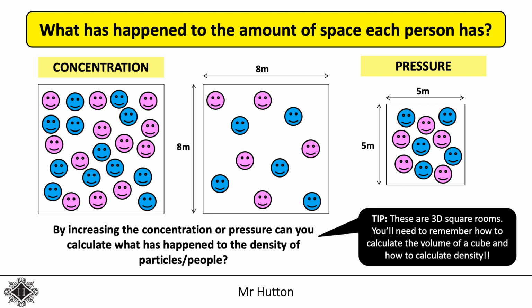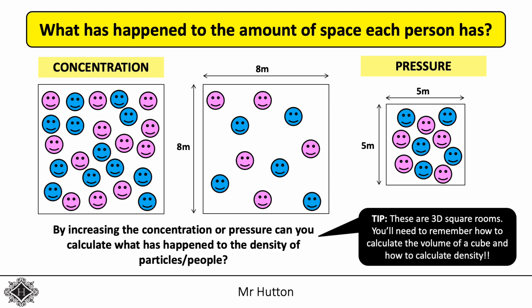Right. So if we remember, these are our 3D rooms. Okay, so we've got some measurements there. So these are effectively cubes. So if we were going to measure the volume of the room in the middle there, it would be 8 times 8 times 8. And then the room on the right there, the smaller one, would be 5 times 5 times 5.